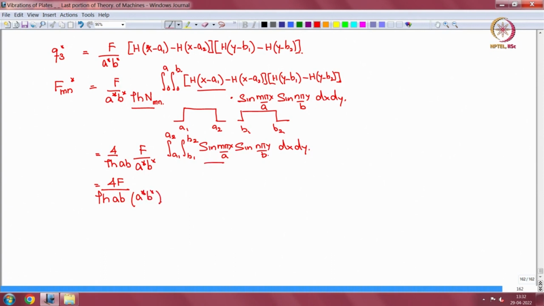X and y are separate integrals, so I get minus a by m pi cosine m pi x by a from A1 to A2, and again minus b by n pi cosine n pi y by b from B1 to B2.